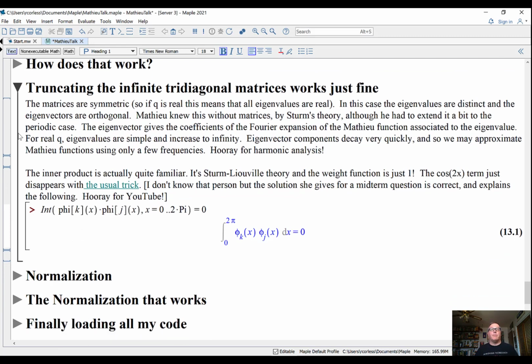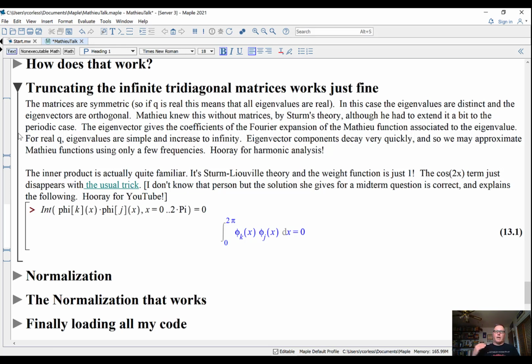Those matrices are symmetric. So if Q is real, that means all eigenvalues are real. And in this case, the eigenvalues are distinct and the eigenvectors are orthogonal, and Mathieu knew this without matrices. By Sturm's theory. Sturm was a relatively recent, near contemporary of Mathieu, and Mathieu cites Sturm's work and had to extend it a little bit.